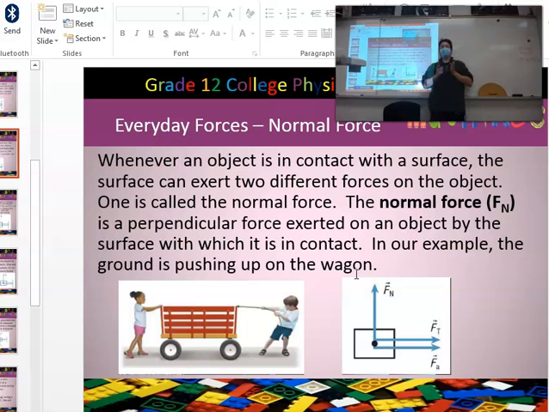And so that normal force, being perpendicular to the surface, will be pointing outwards. But since I'm also standing on the ground, in this case I have two normal forces. One pushing up from my feet and one pushing out from the board. So that's what the normal force is. You can think of it like a contact force.